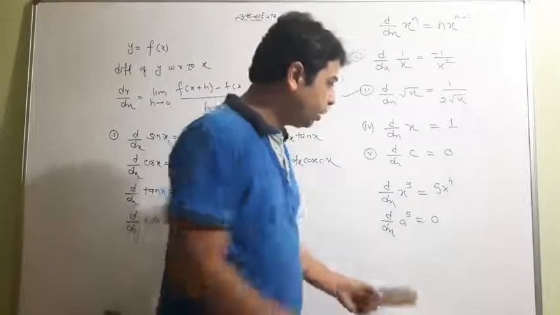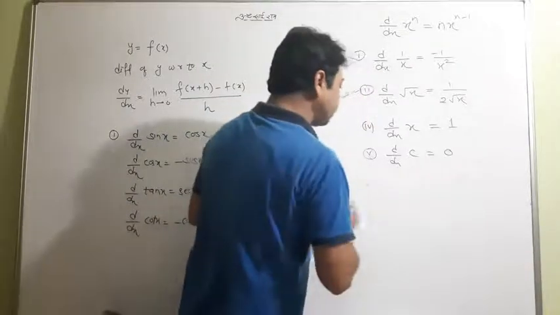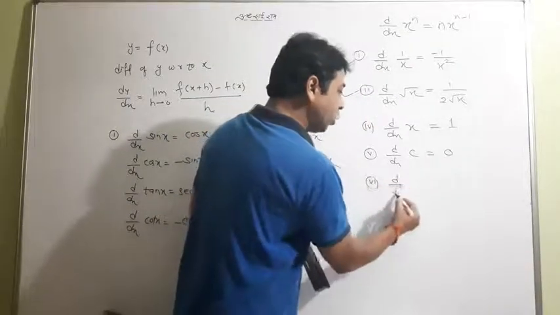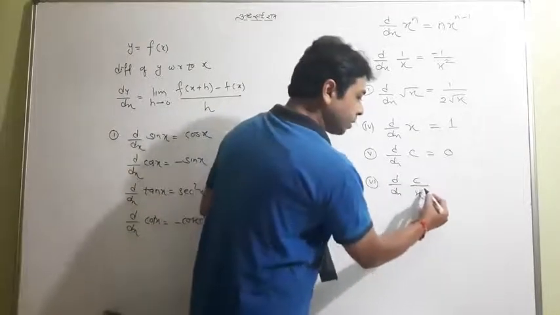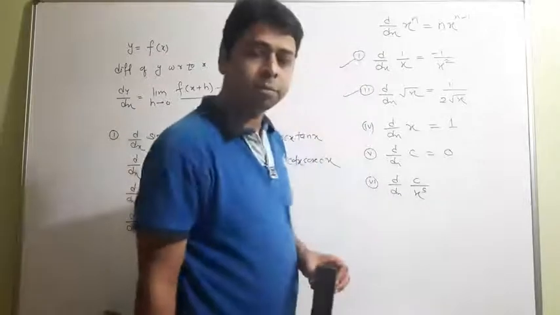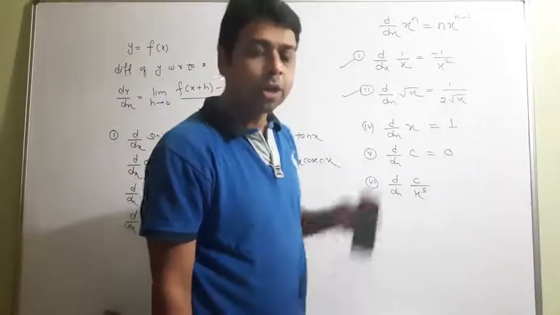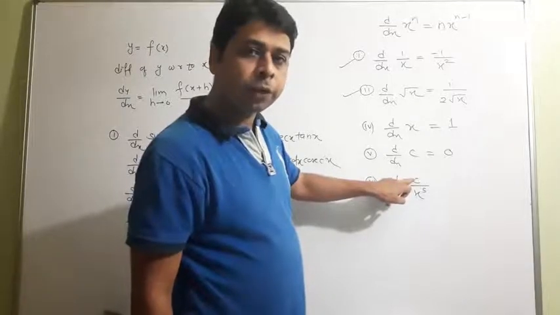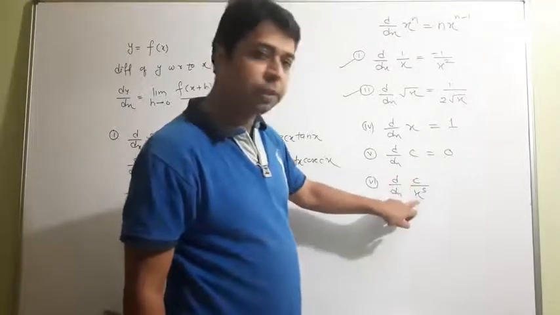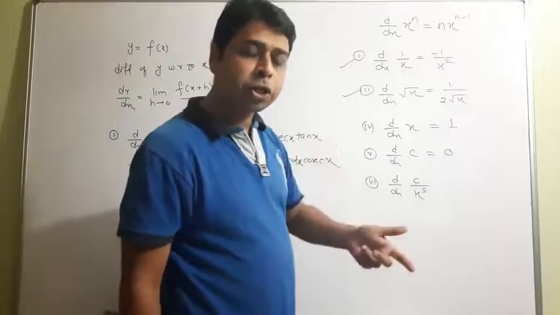That is important. One more thing I want to explain: whenever a constant comes with a term of x, suppose c by x to the power 5 is coming here, don't be afraid. c is a constant value and you know that the differentiation of a constant is 0, but it is coming along with x, either in multiplication or in division.